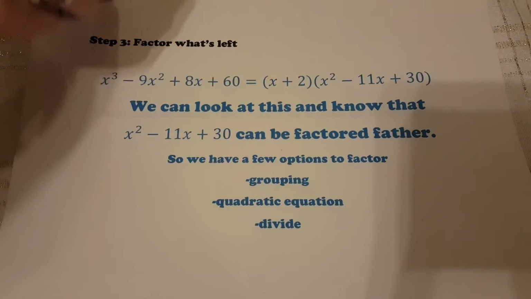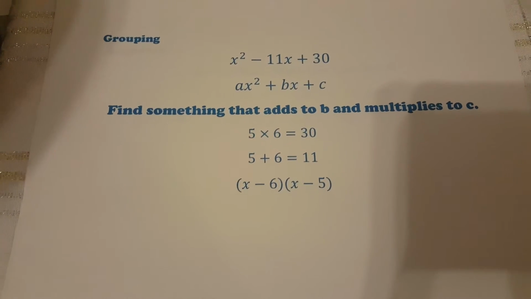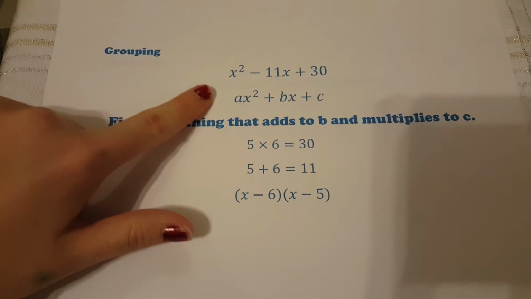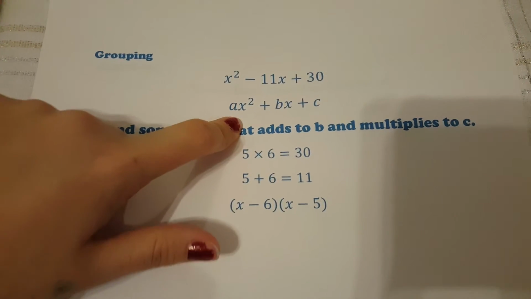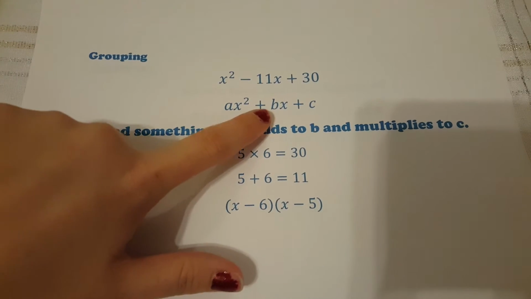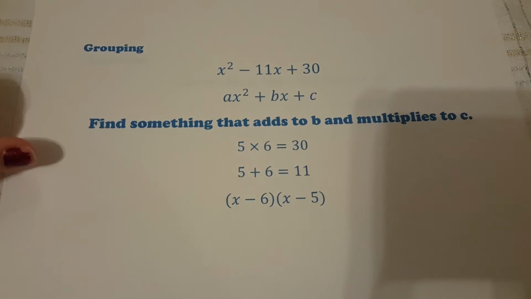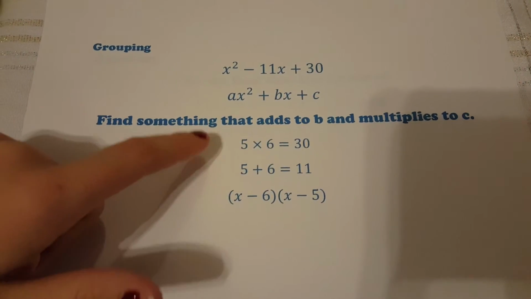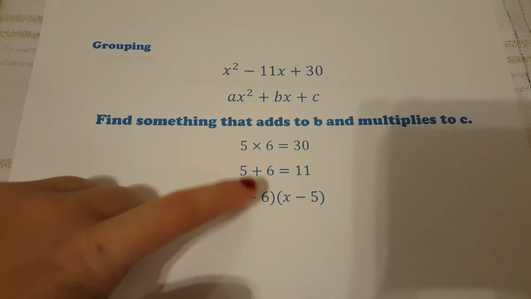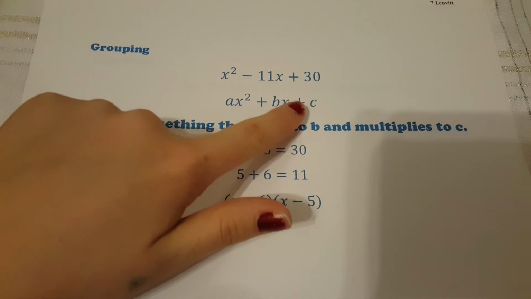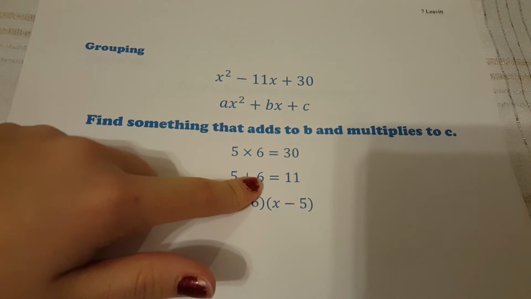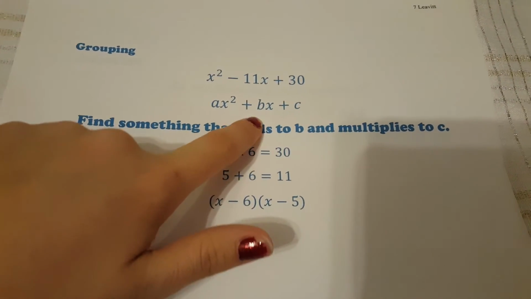So in our very last step here, we're going to use grouping. You're going to have x squared subtract 11x plus 30. So I put this into the form ax squared plus bx plus c, just so I can more easily explain it to you. So you want to find something that's going to multiply to c and something that's going to add to b.